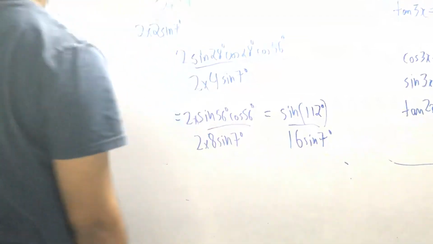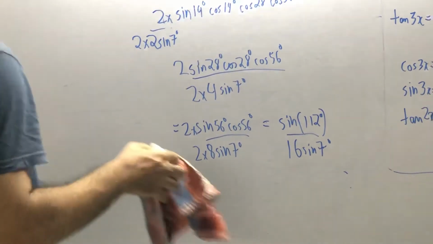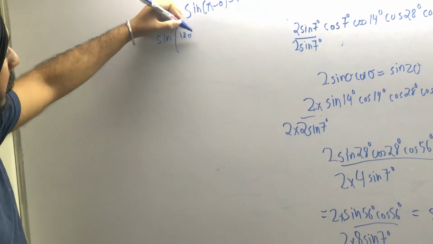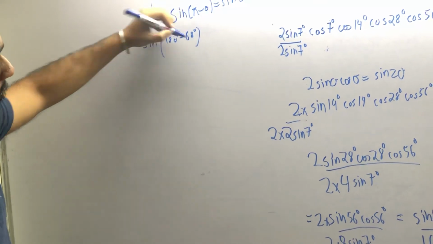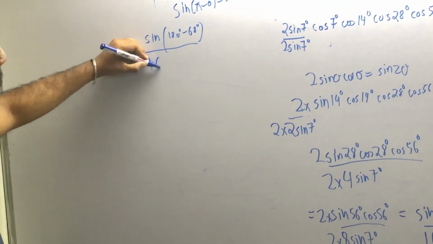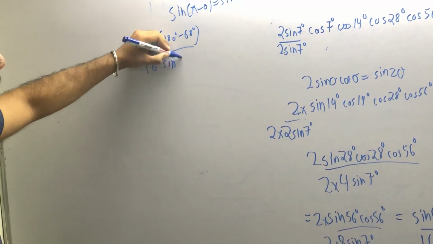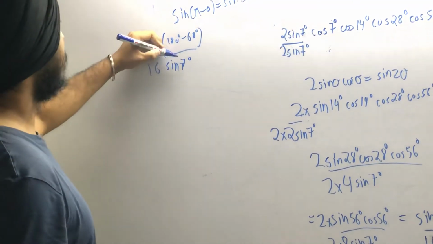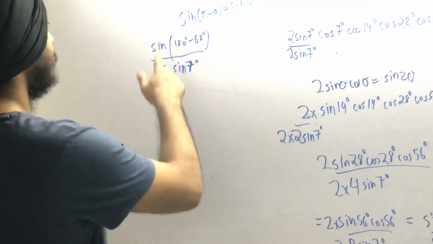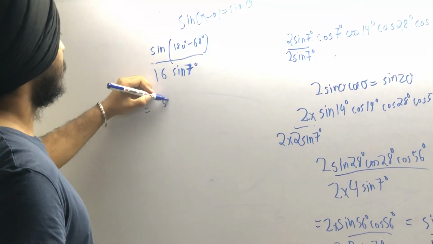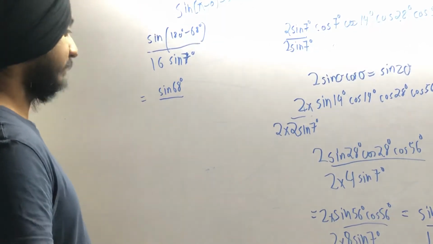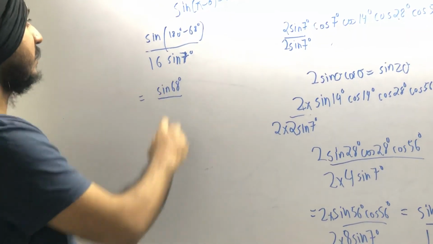I think it might not be visible, so I will write here: sine 180 minus 68 upon 16 sine 7. So what will be sine pi minus theta? That is sine theta, sine 68 upon, this is sine 7.